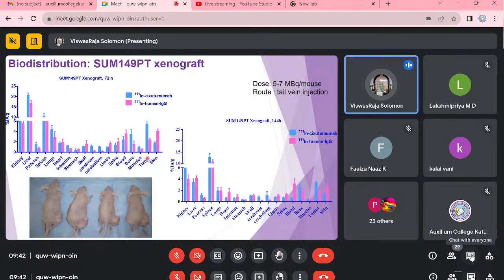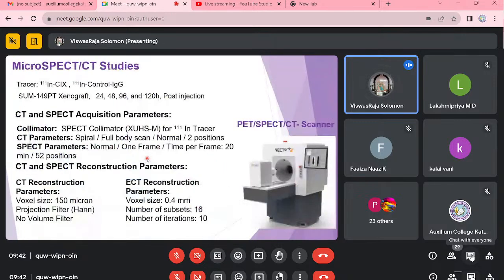That's why we decided to do SPECT imaging studies. For these SPECT imaging studies, we used this SPECT/CT scanner, which is available in our facility. For this purpose, we again selected 2 groups, one with the positive tracer and one with the negative. We injected about 10 megabecquerel of tracer, 2 times higher than the biodistribution study, since the scanner is less sensitive than the gamma counter.